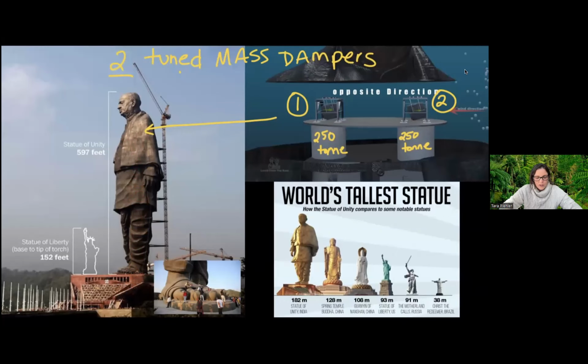Now, will this be susceptible to wind and earthquakes? Yes, maybe. So they have pendulums inside. They've got 2, and each pendulum is 250 tons, and of course they will swing.